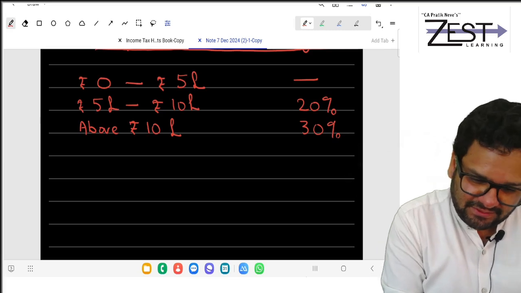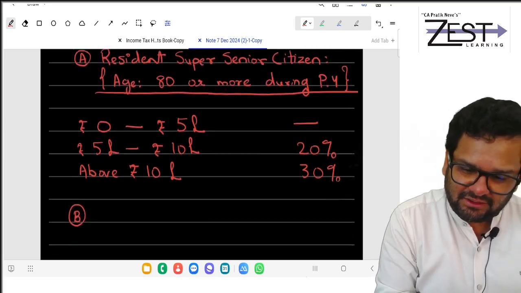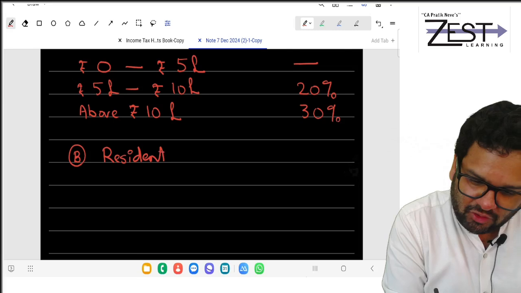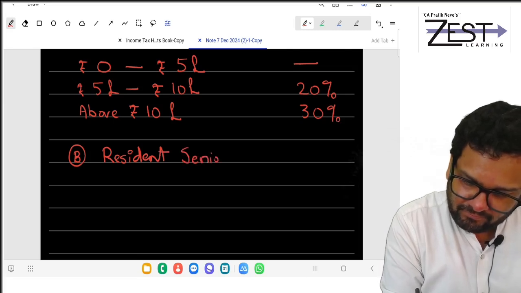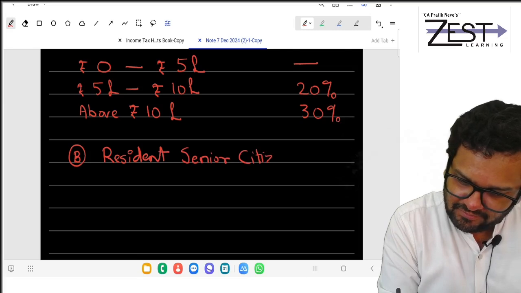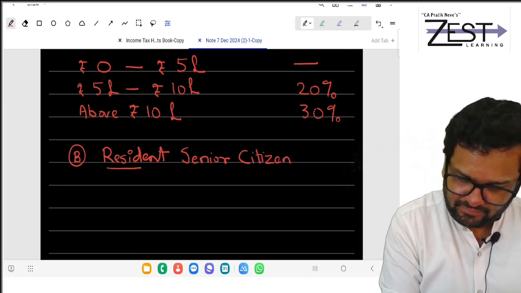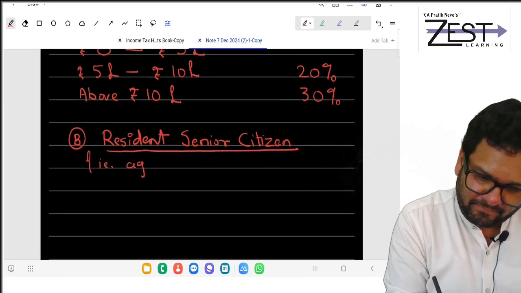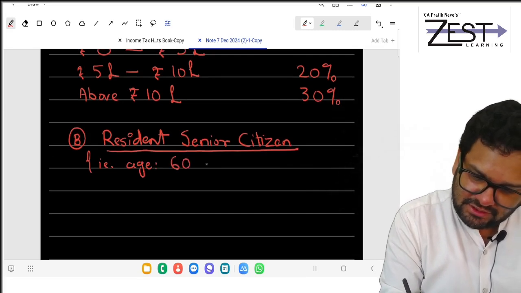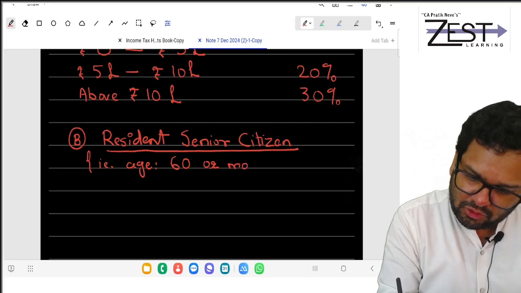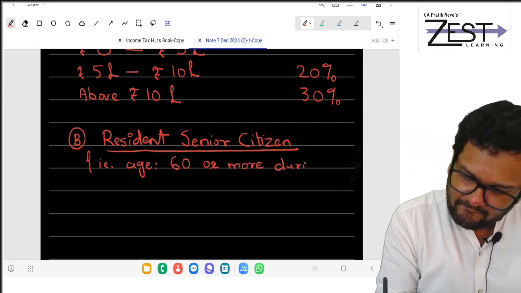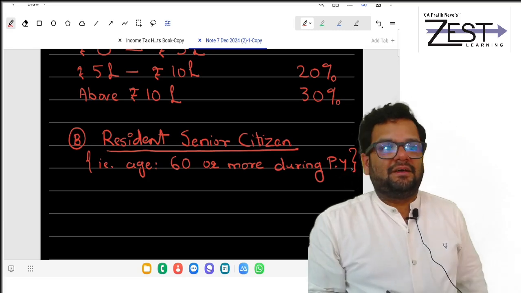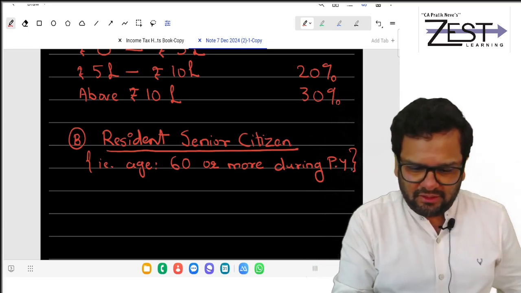B category, if you are resident senior citizen. Senior citizen means that is age 60 or more during PY.